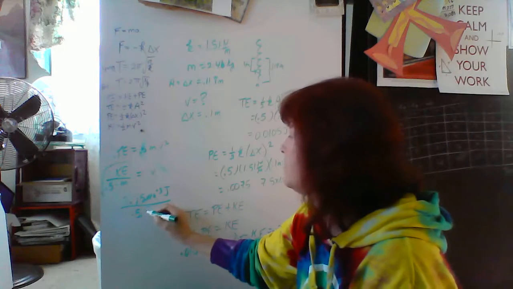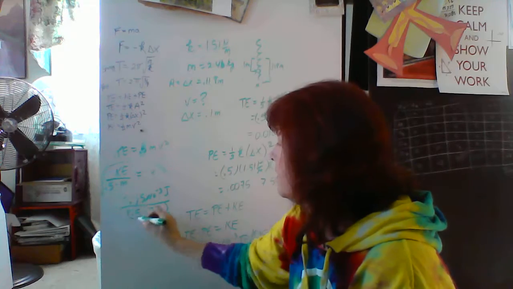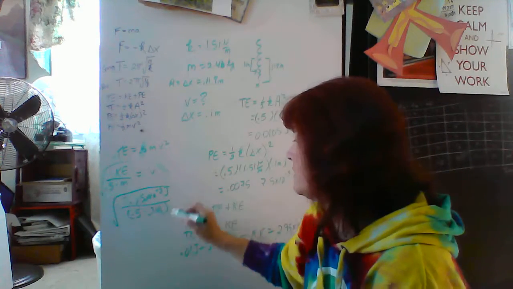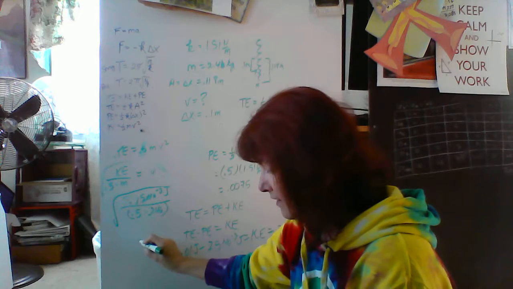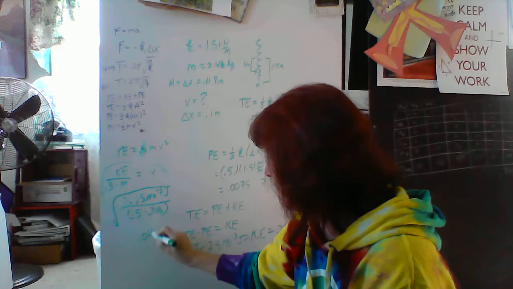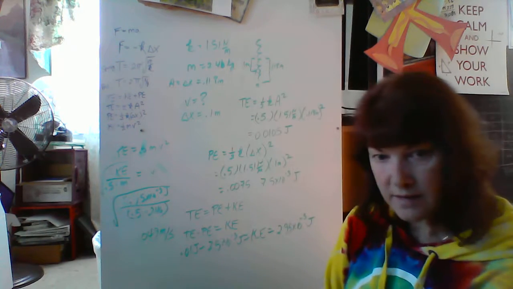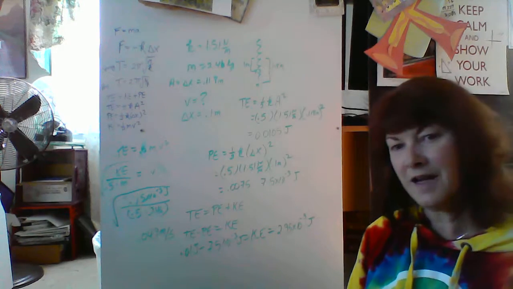So way back there, the mass was 2.46, and so it's divided by that value, and then we're going to take the square root of it, and that will give us a velocity of 0.049 meters per second.